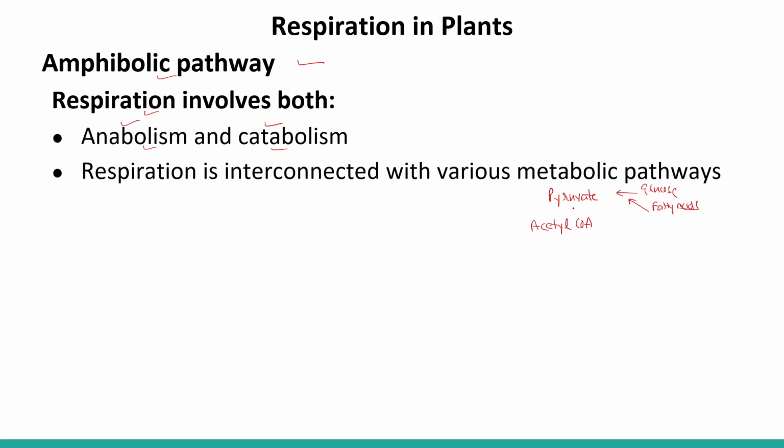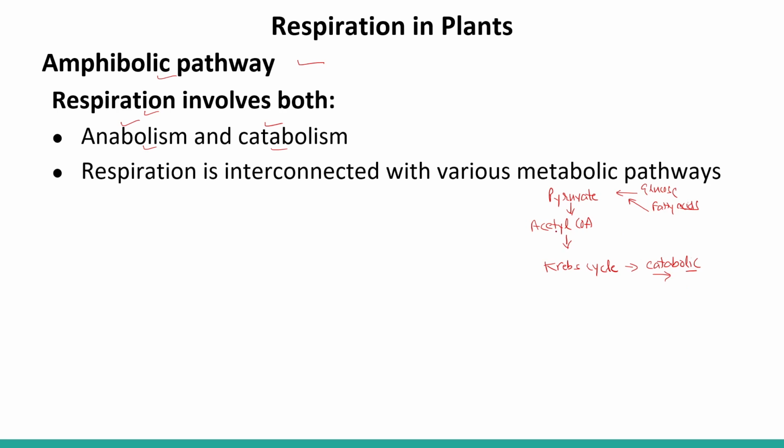Pyruvate is converted to acetyl coenzyme A, then acetyl coenzyme A enters the Krebs cycle. If it enters the Krebs cycle, it will be a catabolic pathway, because there is a breakdown of complex material into simpler ones. That's why it is a catabolic pathway.